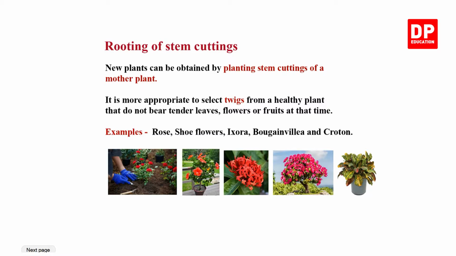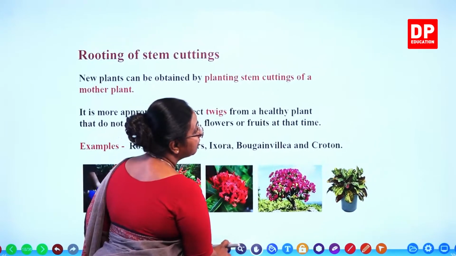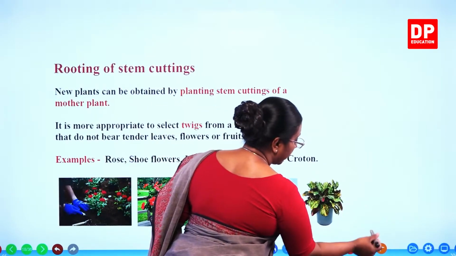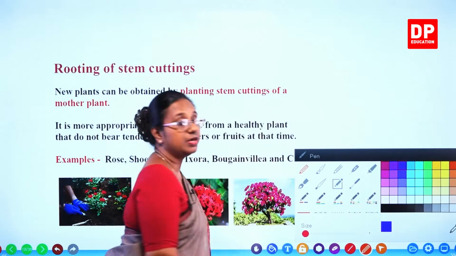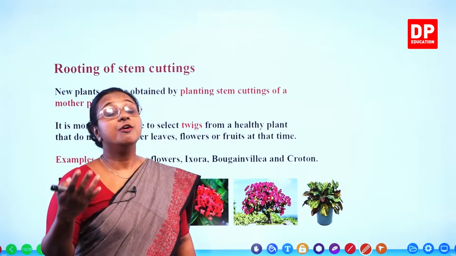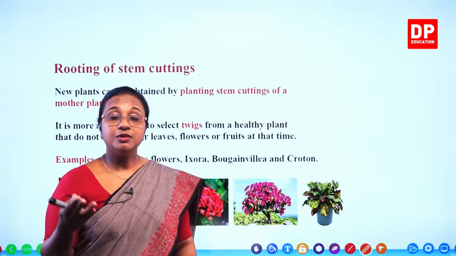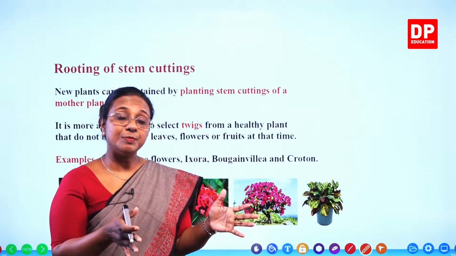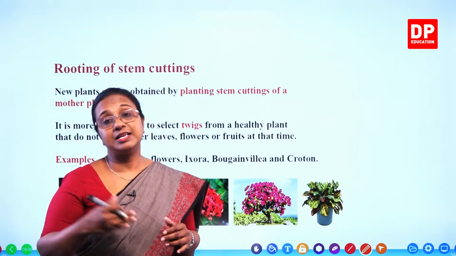When we say rooting of stem cuttings, I am sure students you all would have heard of this before also. Now, mostly the plants that do not reproduce sexually, or the plants that do not normally produce fruits, like roses and shoe flower. What do we do? We have the mature plant, we cut a part of the stem and we plant it somewhere.